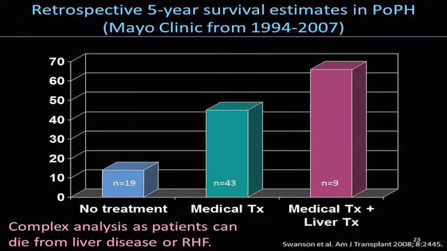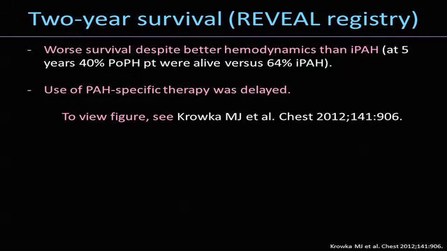This I'm going to skip because it's not the best study. The 2-year survival in the REVEAL registry, as you see here, and now we're going to be focusing on incident cases, or newly diagnosed cases, because usually prevalent cases were diagnosed before the inclusion in the registry, and those cases tend to live longer.